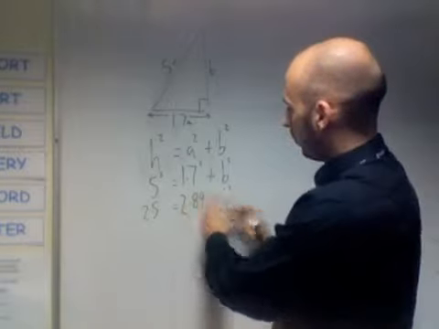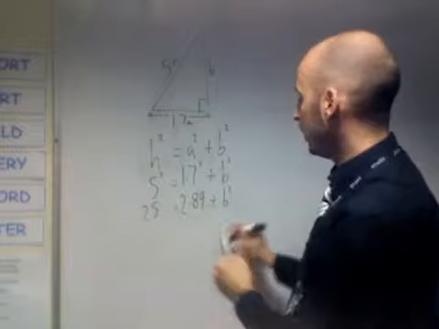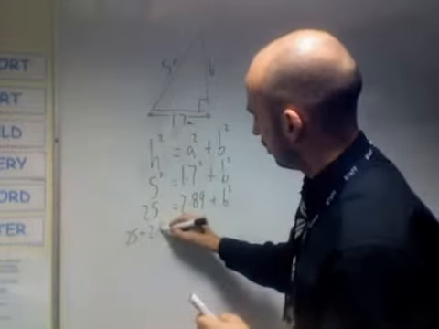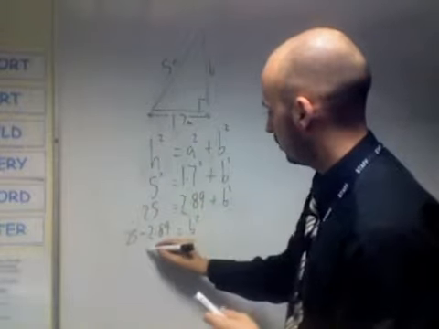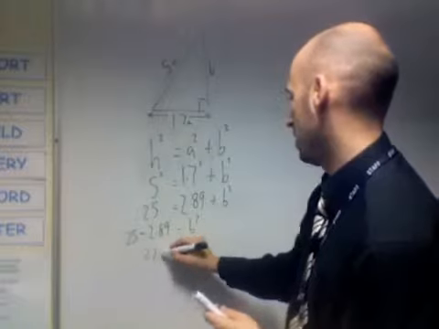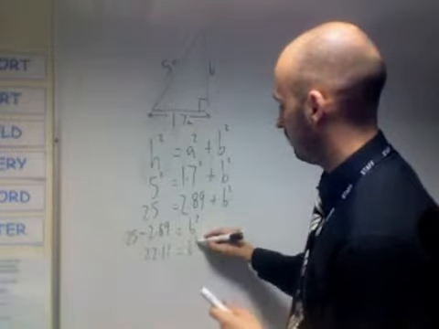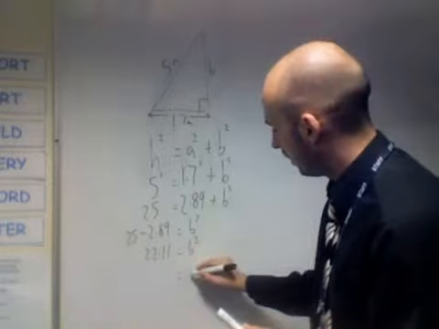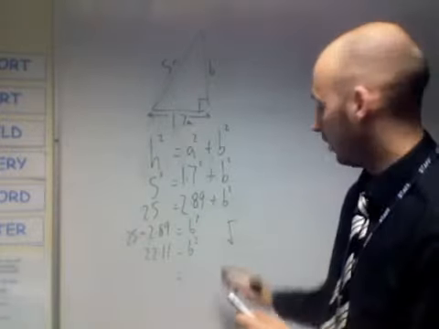We want all of the letters on one side and all of the numbers on the other side, like when we were doing algebra last week. So 25 minus 2.89 equals b squared, and that works out at 22.11 equals b squared.